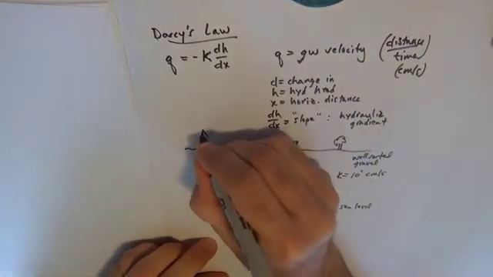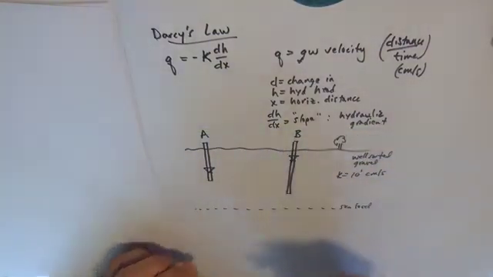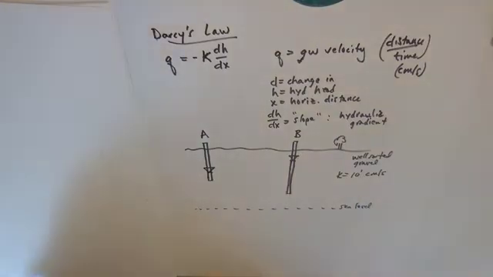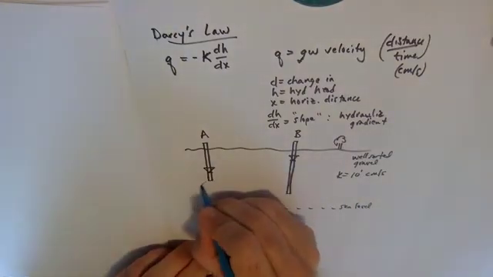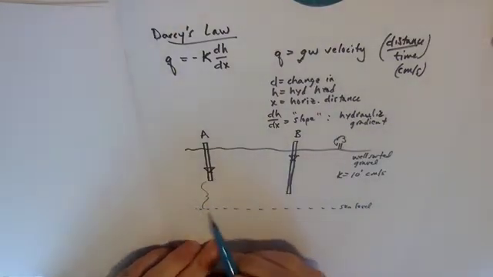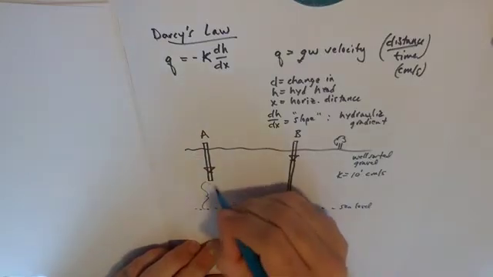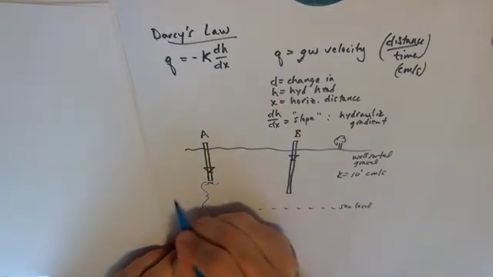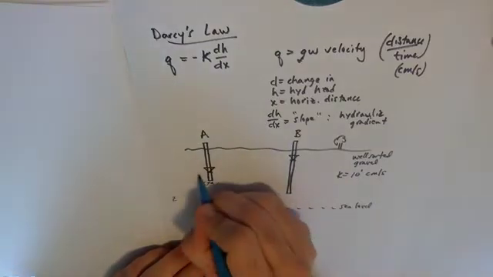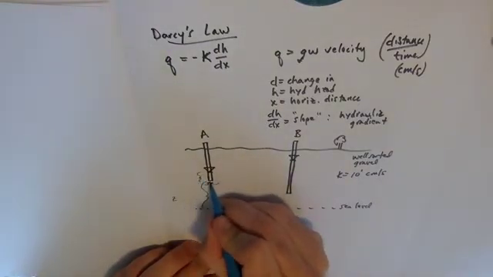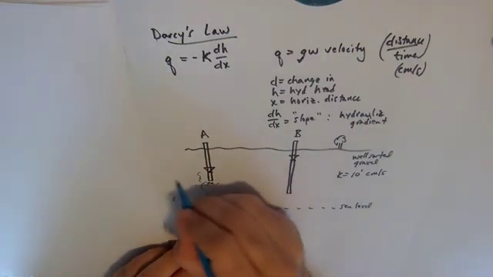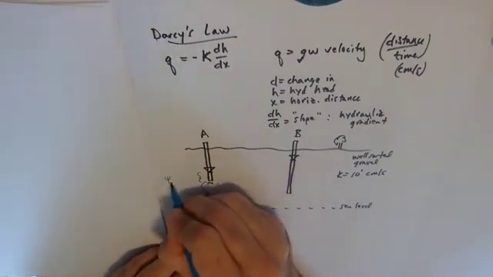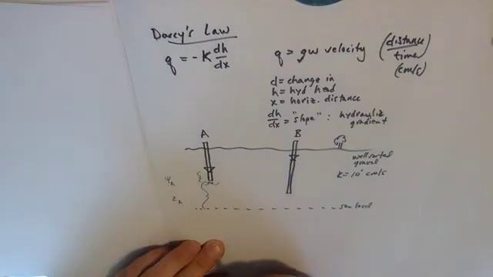Let's call this well A, and let's call this well B. And remember that hydraulic head is made up of two components. The first is the elevation from sea level up to the bottom of the well, where the water is going to rise in. That's the elevation head. And the height of the water from the time it enters the well up as high as it goes, that's the pressure head. So this is pressure A and elevation A.